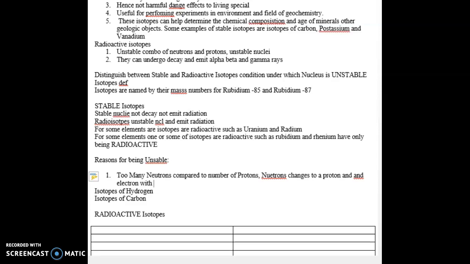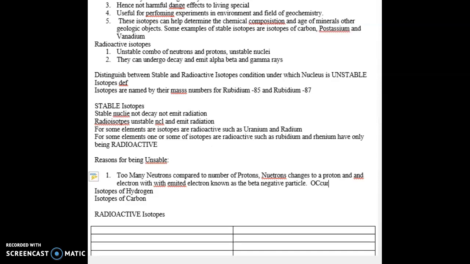Neutrons will then change into a proton and an electron, with the emitted electron known as the beta negative particle.